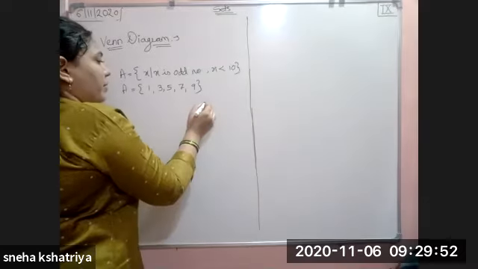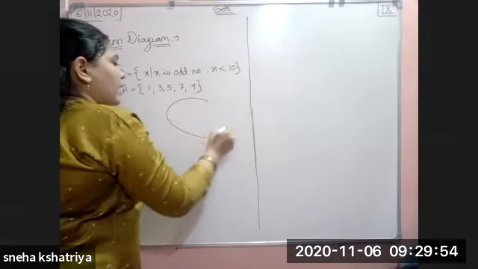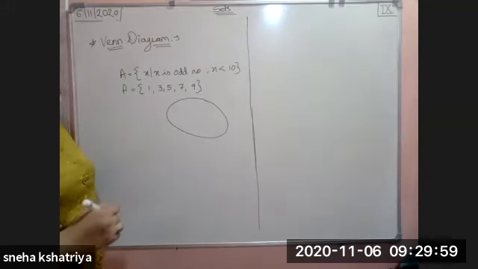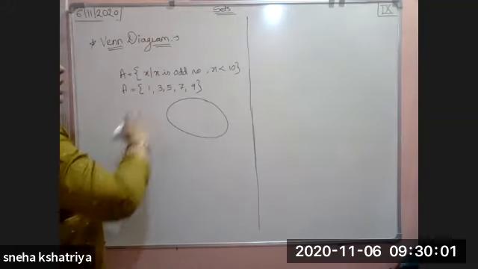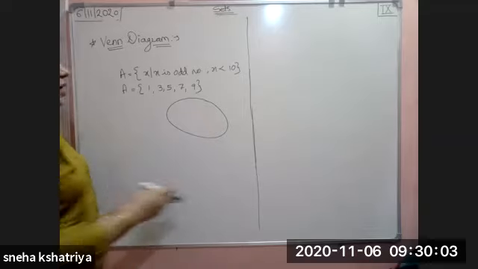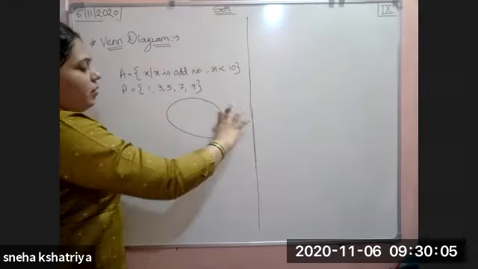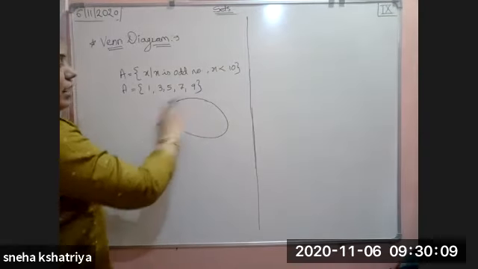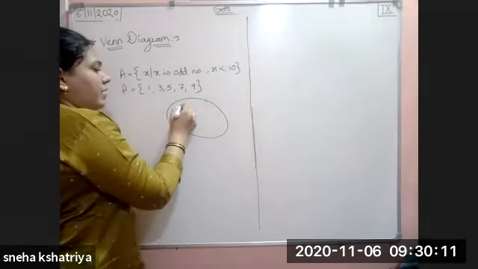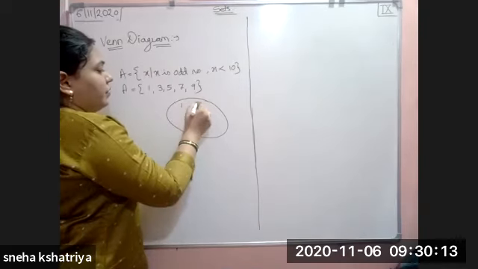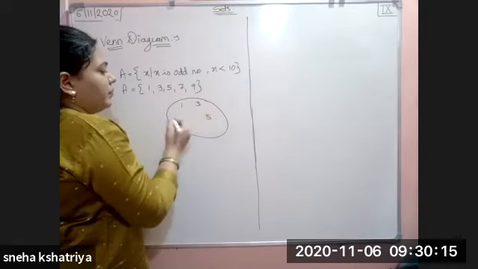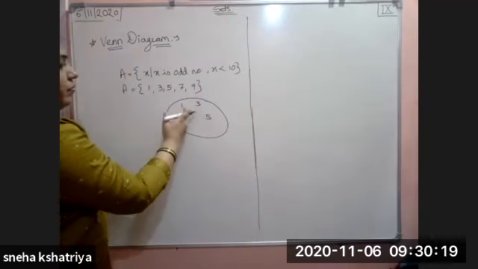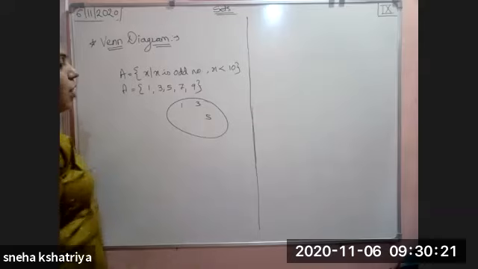Then how are we going to represent it? Most of the time it is drawn in a circular or closed figure, a rounded or elliptical shape, whatever it is. You draw it like this and write the elements inside, keeping some space between them. You don't have to write them very close together with commas.